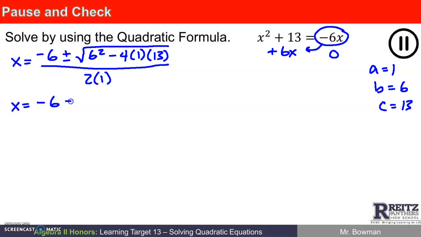So we've got negative 6 plus or minus the square root of 6 squared, which is 36. 4 times 1 times 13 is 52, okay?